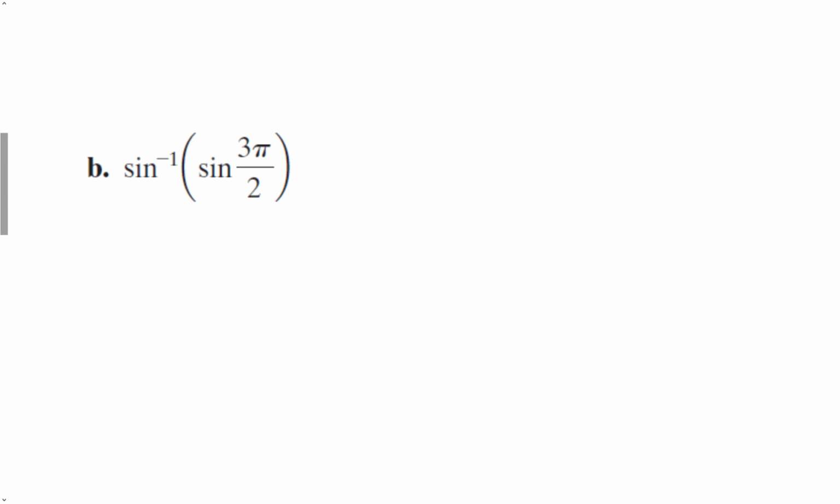This, however, is going to be a problem. Let's work this out. The sine of 3π/2 is on the unit circle, down there. The y coordinate down there is -1.